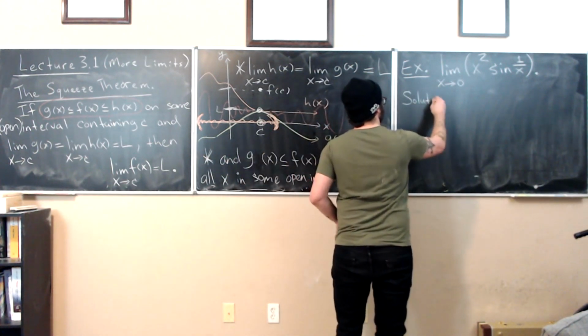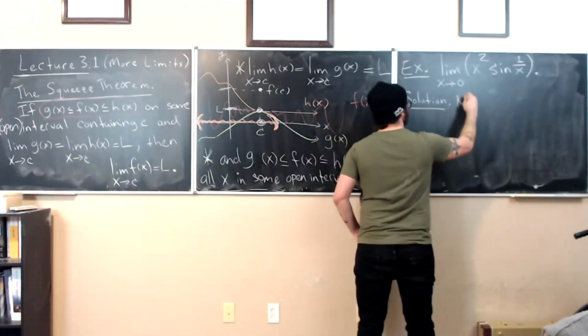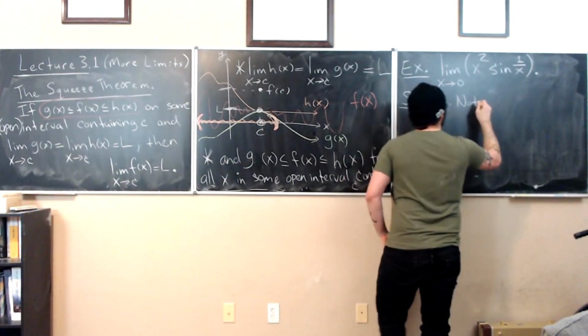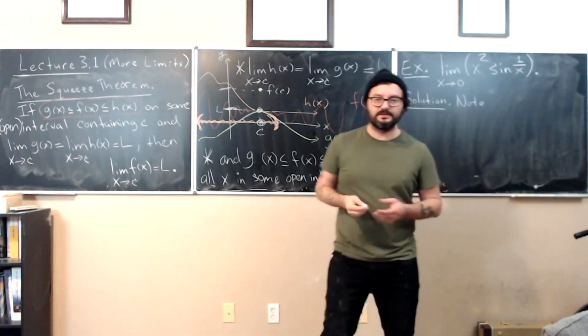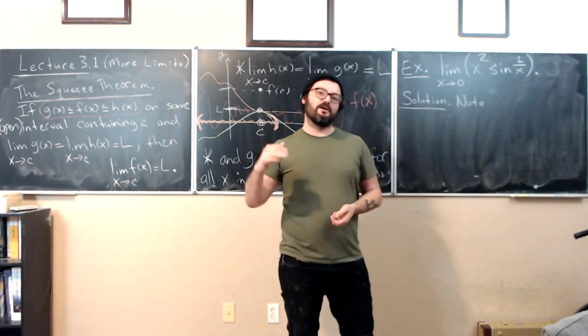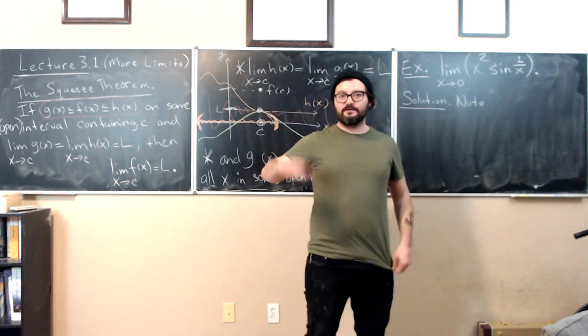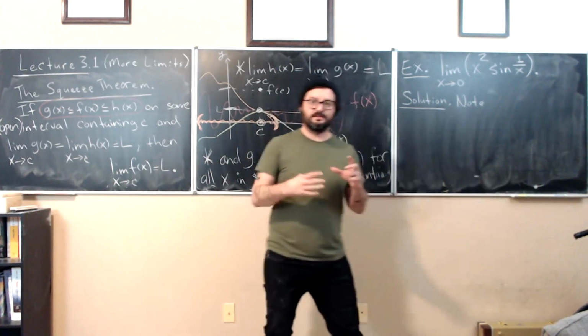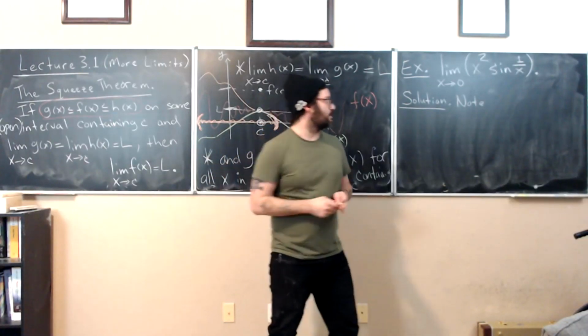So first off, just note that sine, regardless of what the input is, is always between what? +1 and -1. No matter the value that you plug into that function, sine is always between +1 and -1.